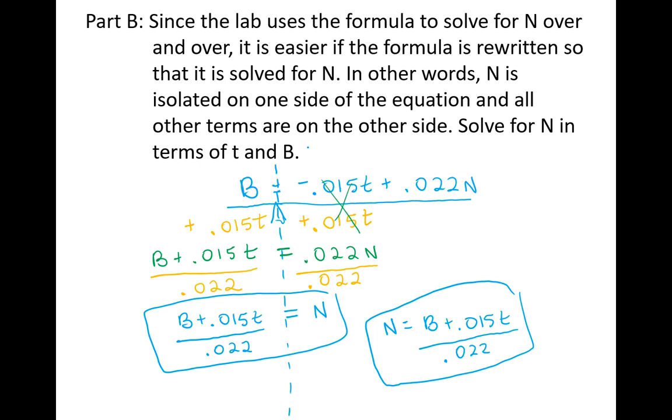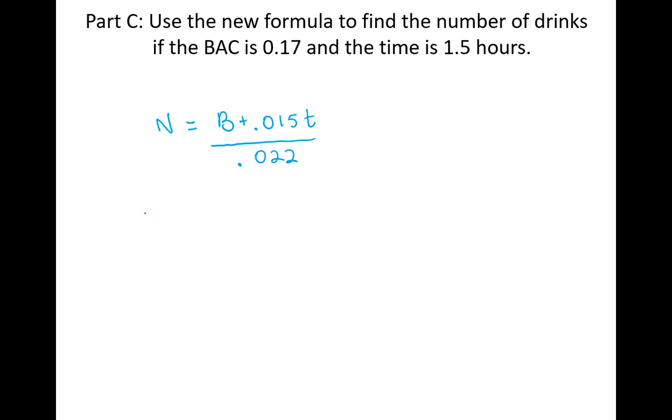It says use the new formula to find the number of drinks if the blood alcohol is 0.17 and the time is 1.5. So I got N equals B plus 0.015T over 0.022. Let's double check. That's our new formula, so we plug in the information.